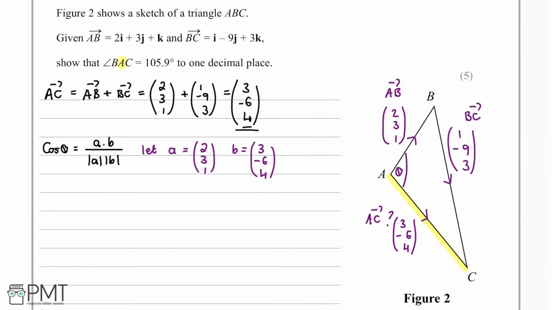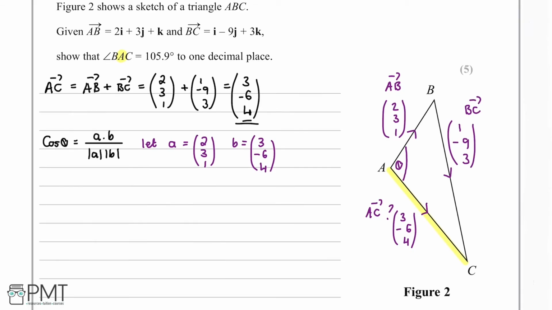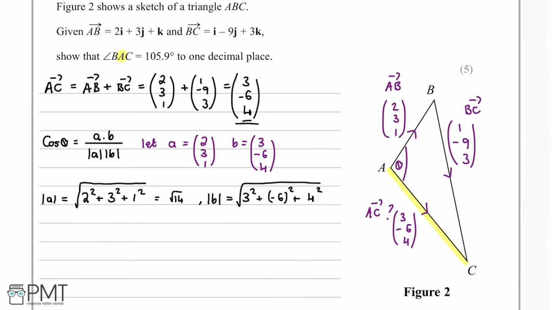So what this means is we can now work out the magnitudes of A and B. The magnitude of A is going to be equal to the square root of 2 squared plus 3 squared plus 1 squared, which is the square root of 14. And likewise, the magnitude of B is the square root of 3 squared plus (-6) squared plus 4 squared, which comes out as the square root of 61.